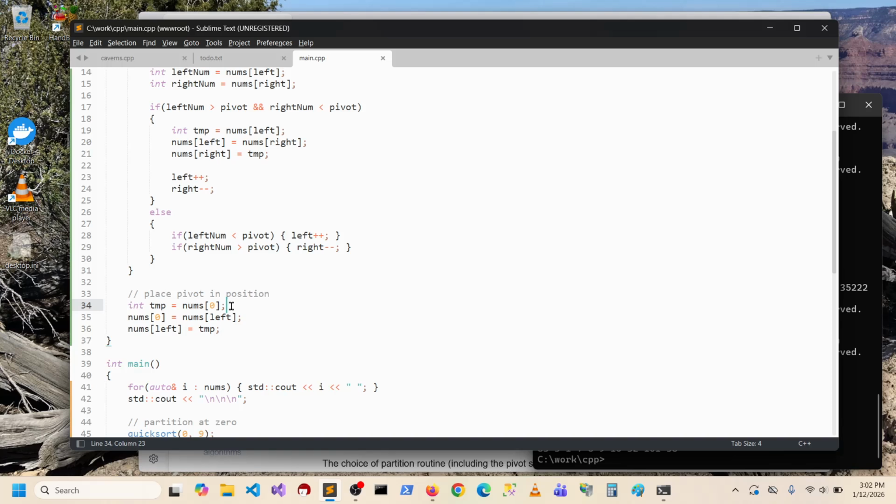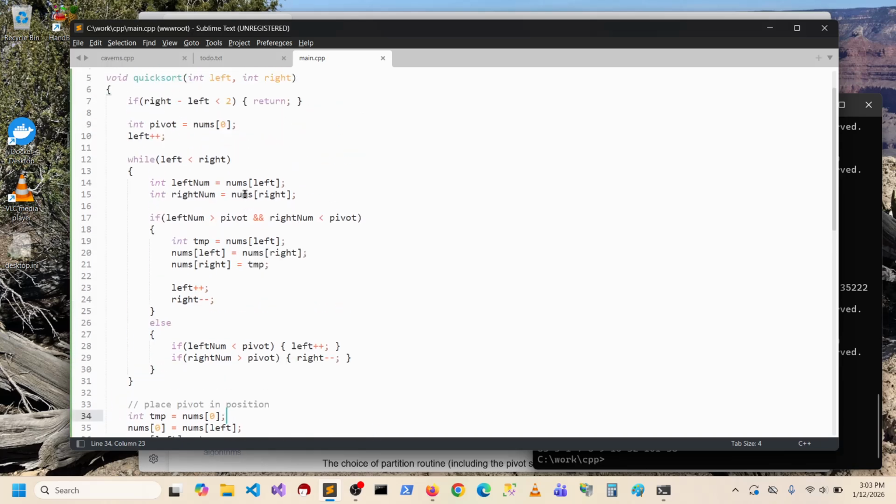Oh. So starting from where left is, it's got to be where they meet. You know what? Right here. They meet or this goes ahead. So if left is greater than pivot, that means we're ahead of right.